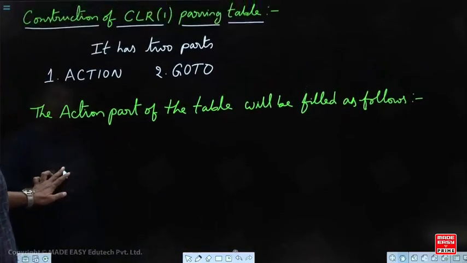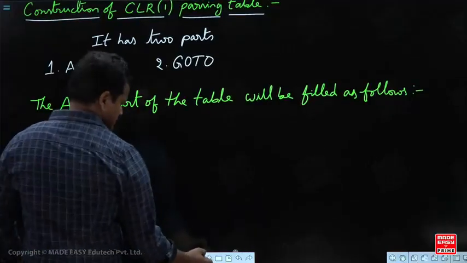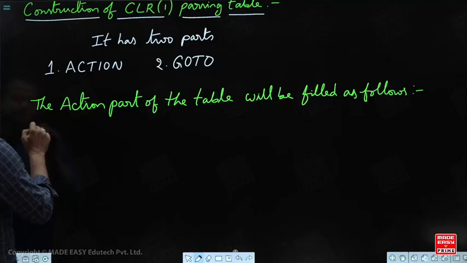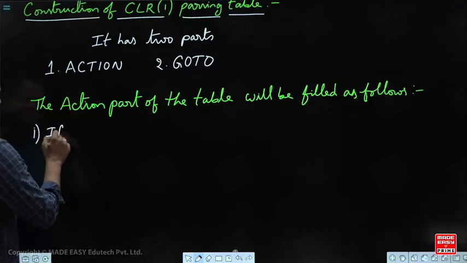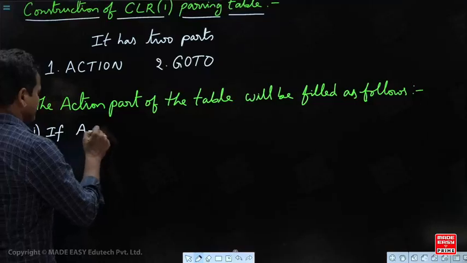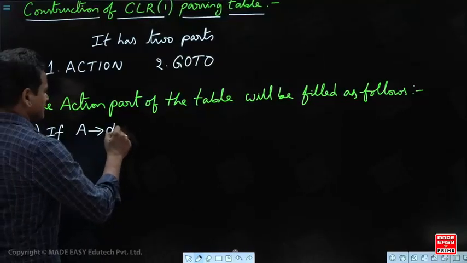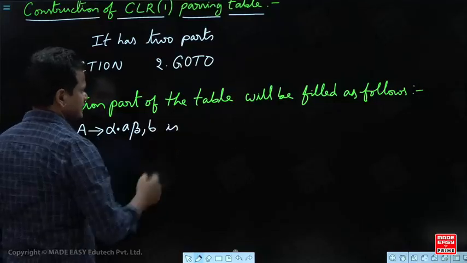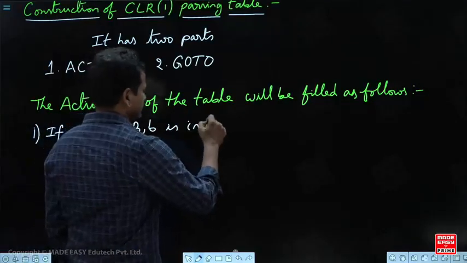The action part of the table will be filled as follows. Take the first one. If A derives alpha dot A beta comma B is in Ii.